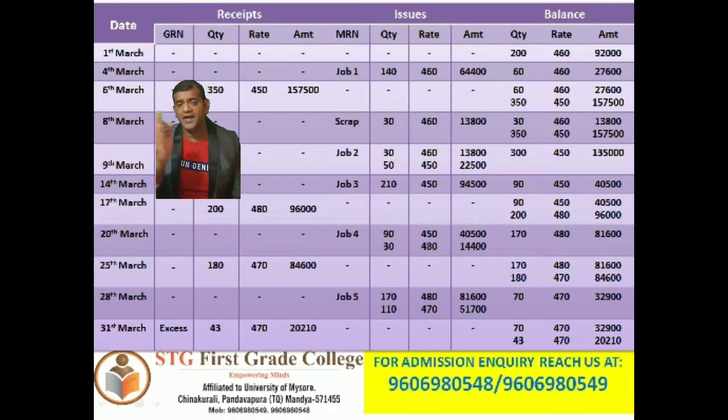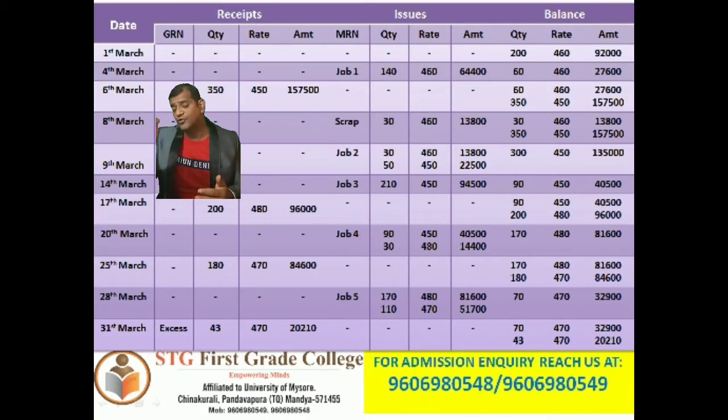So on 6th March, the first item under balance, that is 60 tons at 460 rupees. So out of that only I am issuing 30 tons. Clear? So 30 tons at 460, 13,800 rupees. Clear?